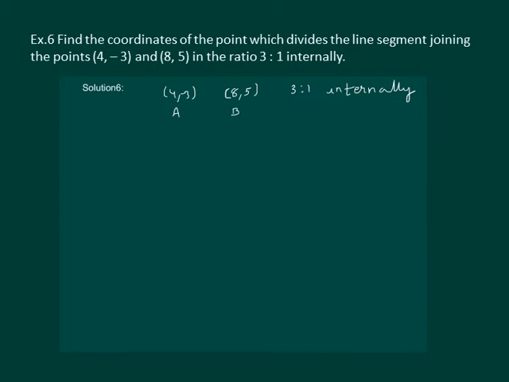So we have coordinates of point A and B and the ratio in which the point required divides AB, m1 is to m2, is also given to us. We have to find the point P x, y, which will be given by section formula.